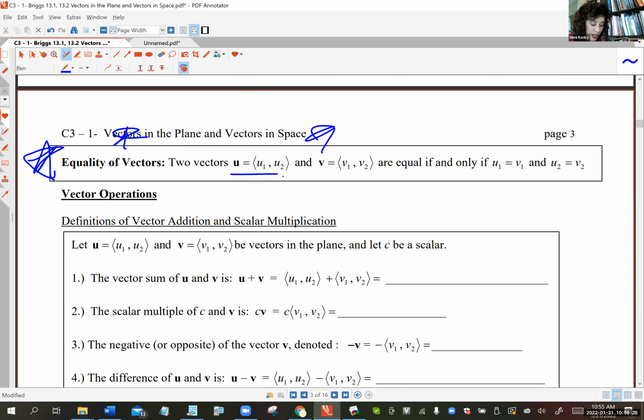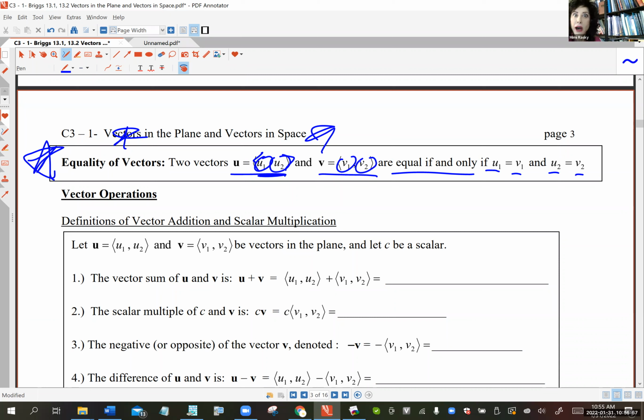So suppose you had a vector U, and of course they're using that component notation with the angular brackets and their scalar components U1, U2, and you had another vector V with components V1, V2. You can say they're equal if and only if the scalar components match. So you need U1 to exactly be the same number as V1, and you need U2 to be the exact same number as V2.